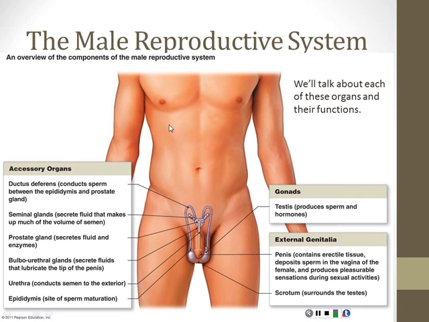For example, in the male, the accessory organs are the ductus deferens, which carry the sperm from the testes, the seminal glands, the prostate gland, and the bulbourethral glands, which all contribute secretions to the semen. And then we have the urethra and epididymis. We'll see a similar diagram when we get to the female, where we have gonads, external genitalia, and then accessory organs. So those are the 3.